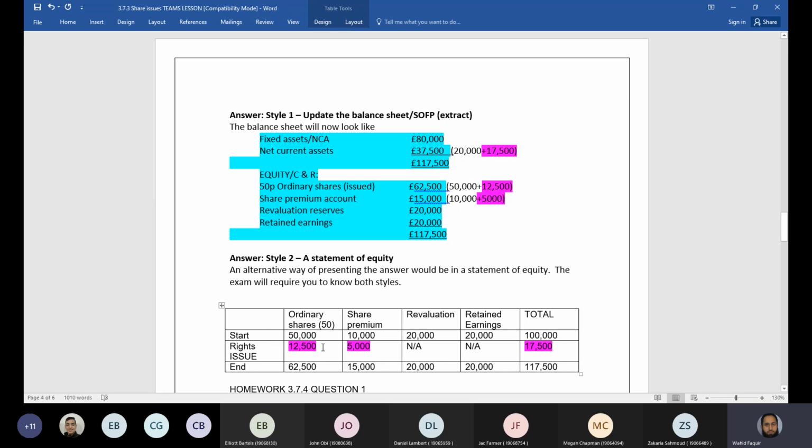Rights issue affects ordinary shares, so we record it in that column, and it affects the share premium, so we record it in that column as well. We add down, add across, nothing happens to revaluation, nothing to retained earnings. Bob's your uncle, add down, add across, easy. Okay, that is a nice, simple Socie table. Any questions?